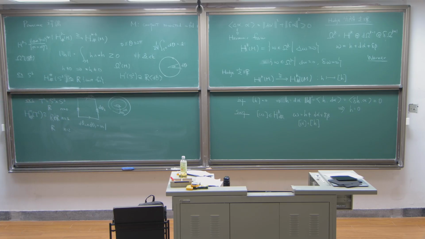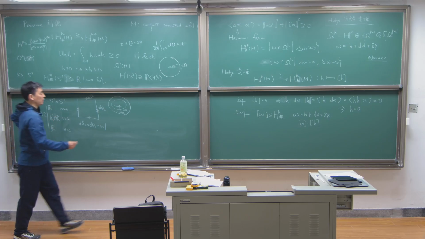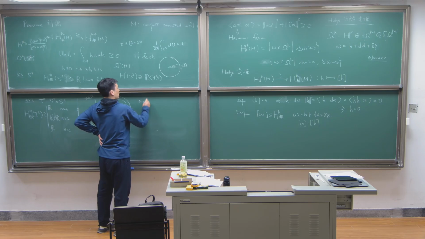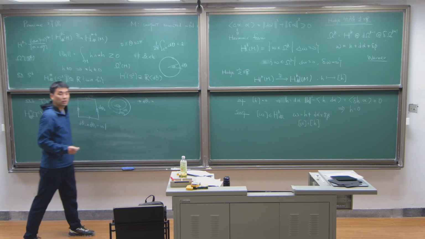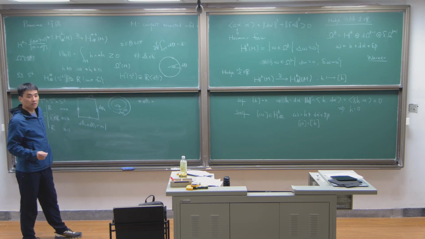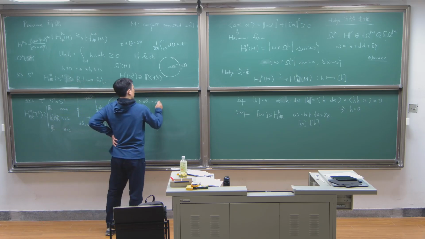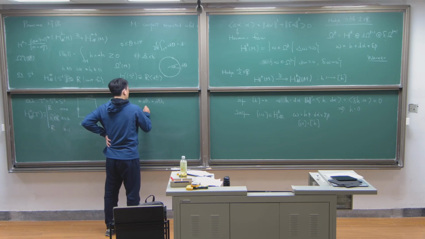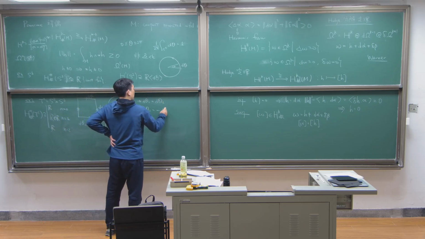Okay? And then let's consider Poincare duality here. So under Poincare duality, a constant function is always dual to the top form, the volume form. But here, the Hodge star of d theta 1 is equal to what? d theta 2. And the Hodge star of d theta 2 is equal to minus d theta 1.